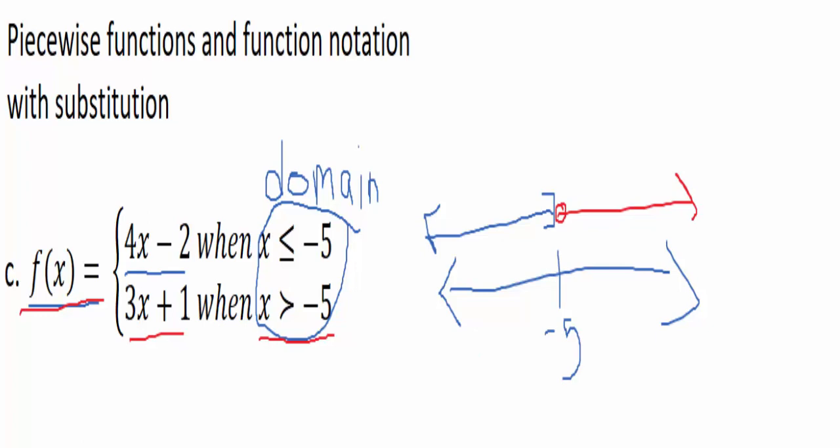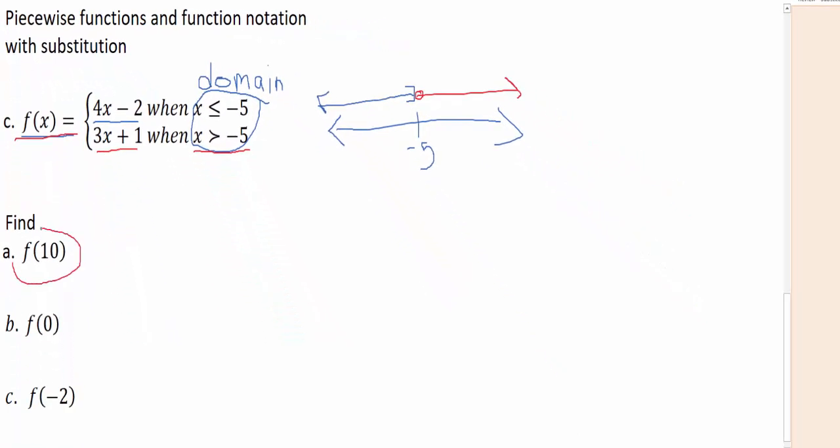So if we want to find f of 10 using this piecewise function, 2 pieces of a function, then for f of 10, we have to first determine, is that less than negative 5 or greater than? Well, obviously it's greater than negative 5. So we're going to use this function. So that equals 3 times 10 plus 1.